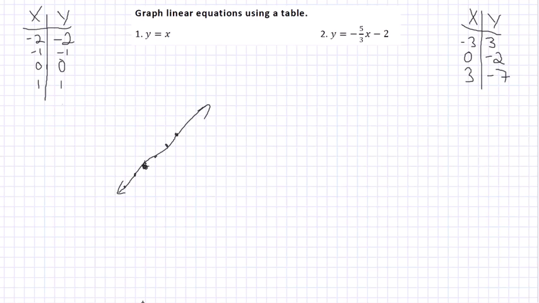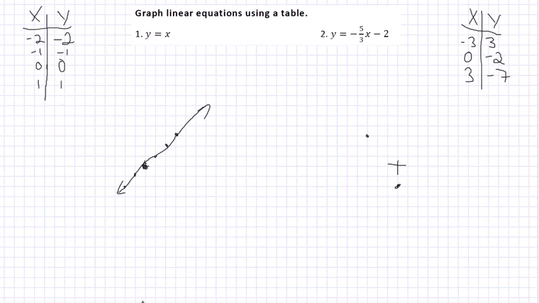So now I'm going to go ahead and just put my axis right there. At (0, -2) is a point. And then I'm going to go to (-3, 3). So 1, 2, 3, 1, 2, 3. That's a point.